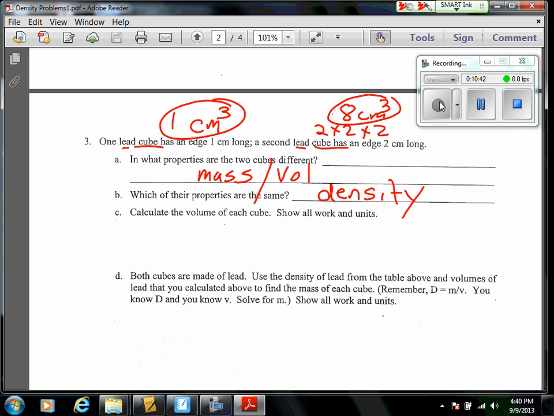Okay, so we showed the work to calculate the volume of both cubes. Both cubes are made of lead. Use the density of lead from the table on the first page and the volumes that you calculated above to find the mass of each cube.